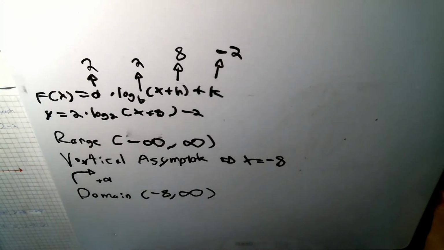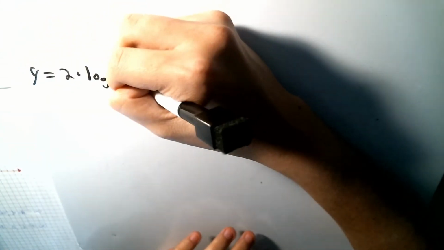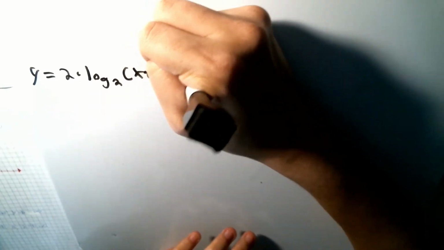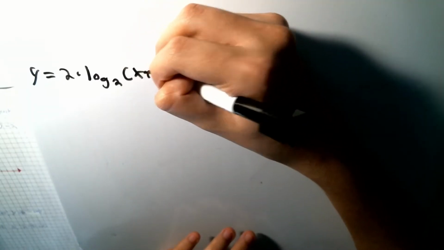Now we are going to do actual math and calculate the intercepts. So I'm going to erase everything. Now we will get the y-intercept by solving the function with x equals 0. Let's write the function again because it hurts no one, right? y equals 2 multiplied by logarithm 2 of x plus 8, minus 2, another ugly 8.